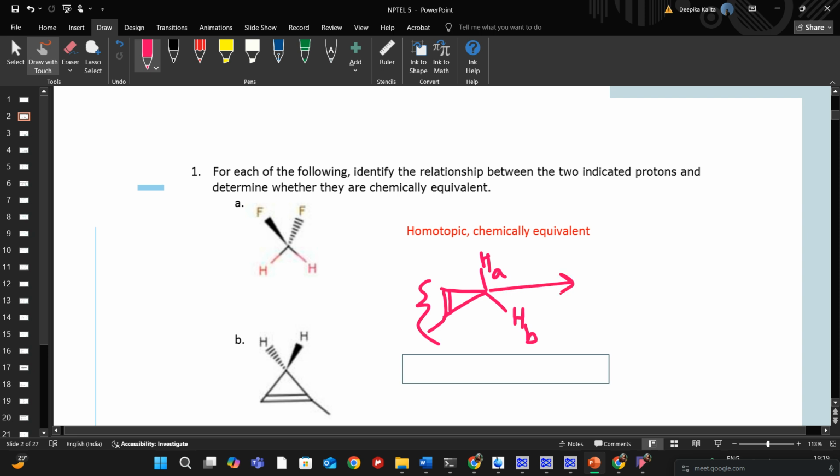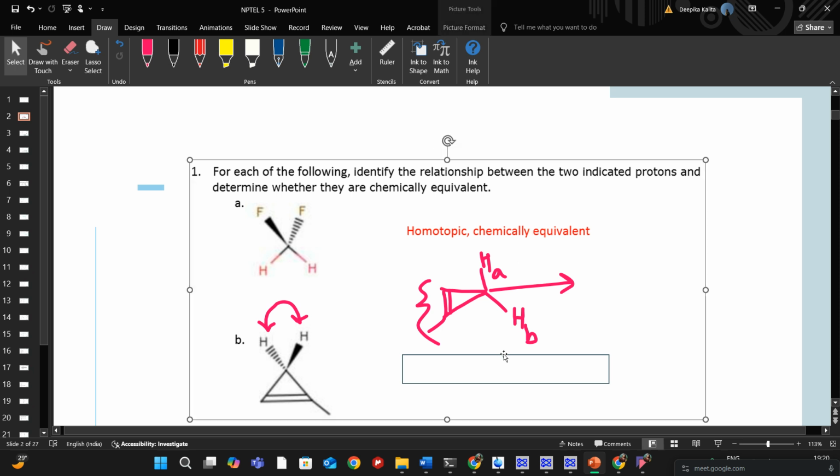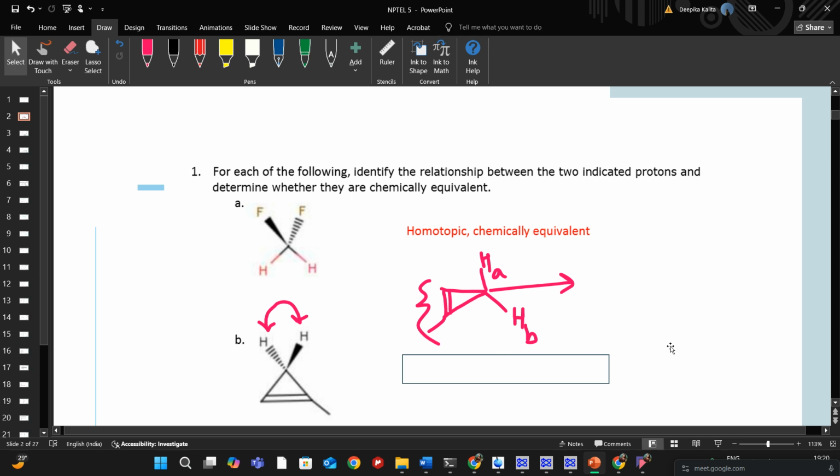Okay, and with respect to this plane of symmetry, HA and HB will be mirror images of each other. Hence, by definition, if a molecule is having a plane of symmetry passing through it and the protons given are lying in exactly opposite faces, then these protons will be called enantiotopic protons.